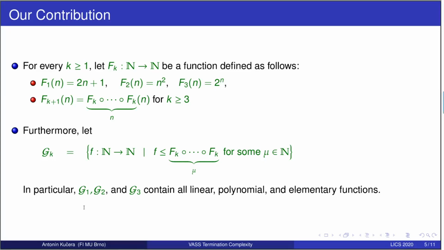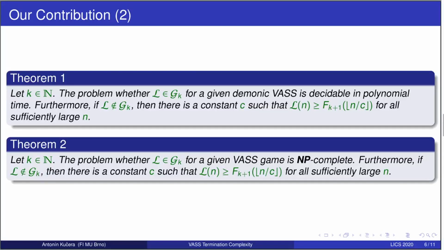According to the previous results about demonic VASS discussed earlier, the problem whether the termination complexity of a given demonic VASS belongs to g1 is decidable in polynomial time, and the same holds for g2. Now the question is, what happens for gk where the k is larger than 2? The main contribution of our work is a precise answer to this question.